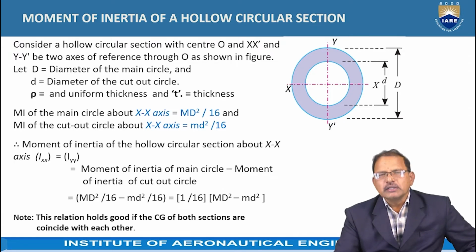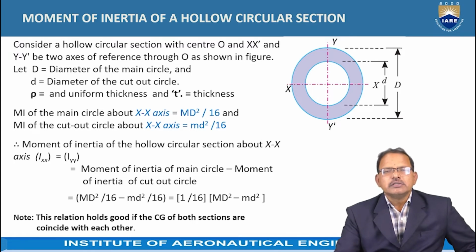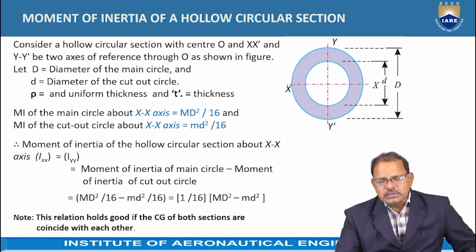Let capital D represent the diameter of the outer circle, and small d represent the diameter of the cutout circle, and rho the density of the material, and assume uniform thickness T. The moment of inertia of the main circle about the x-axis is equal to m D square by 16, where m stands for the mass of the outer circle and D represents the diameter of the outer circle.